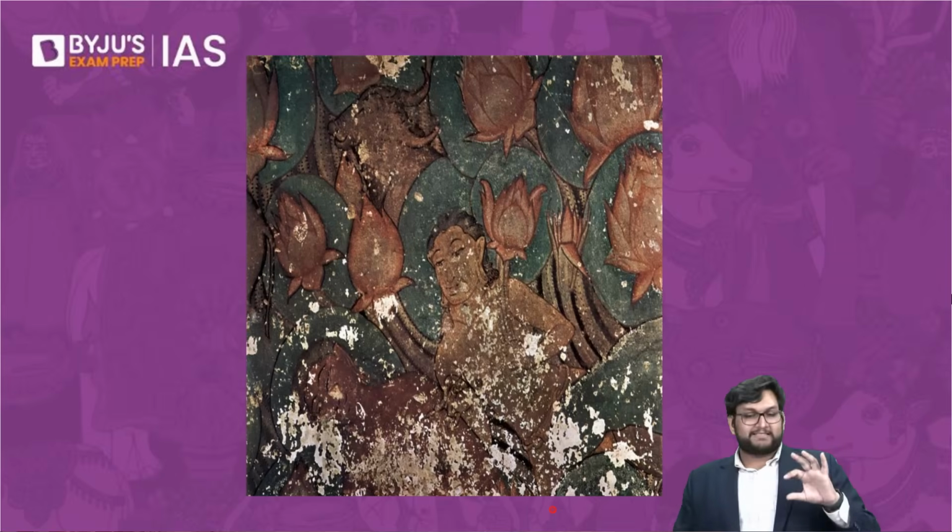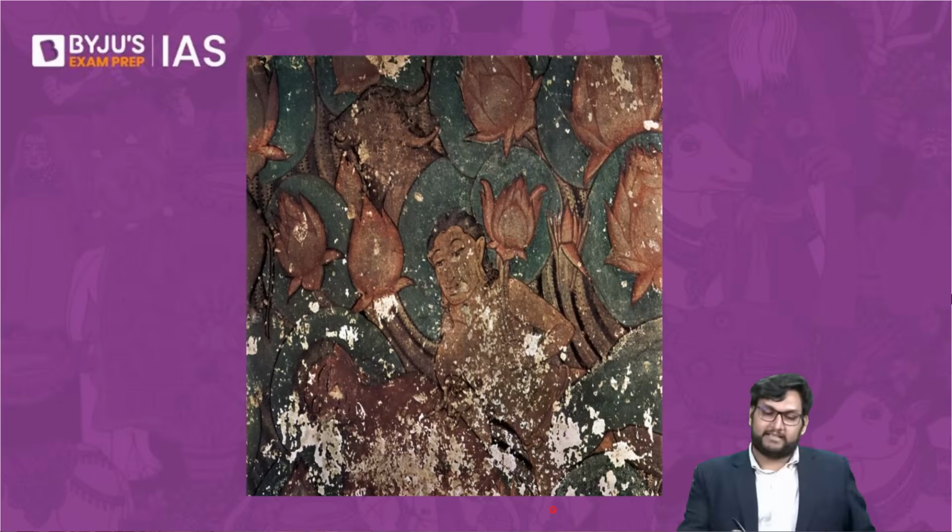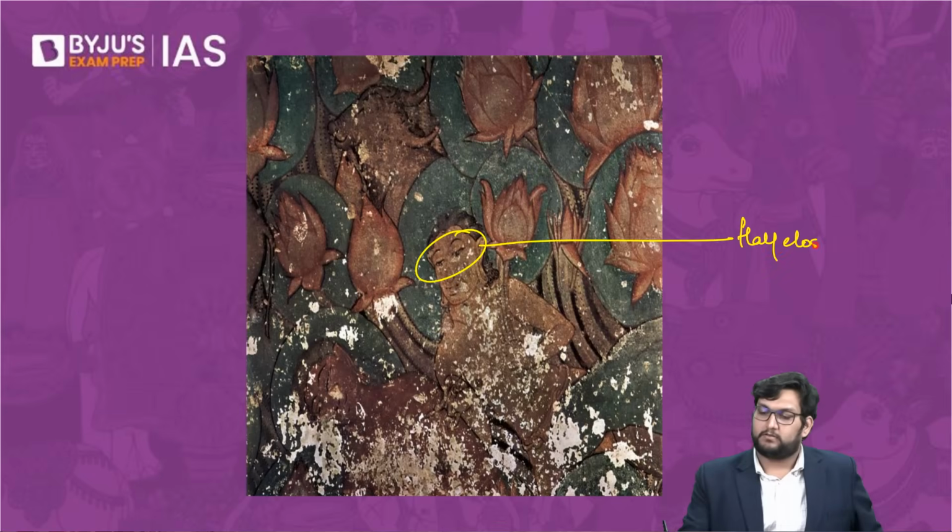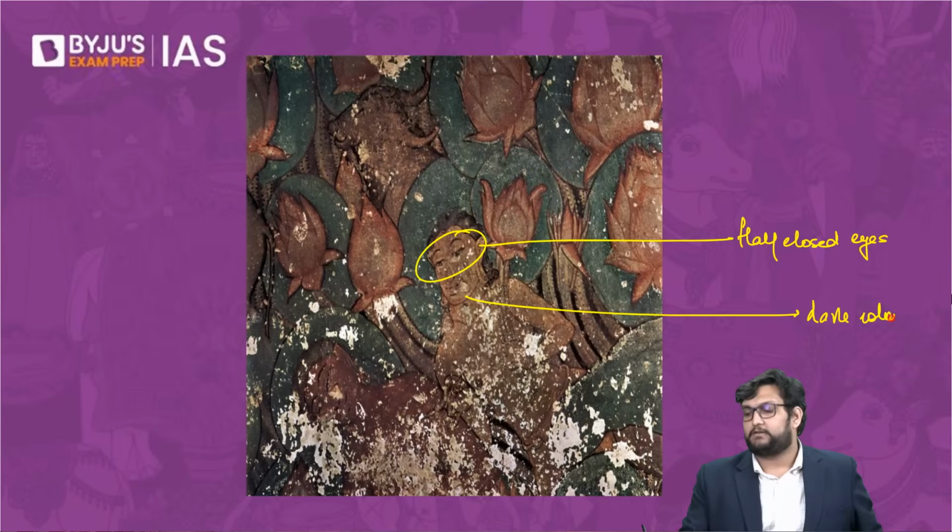In a way, the same exact pattern emerges even though it is Jain and even though it is thousands of kilometers away from Ajanta. Again we have half closed eyes. We again have dark colors, and we again have the lips which are there.